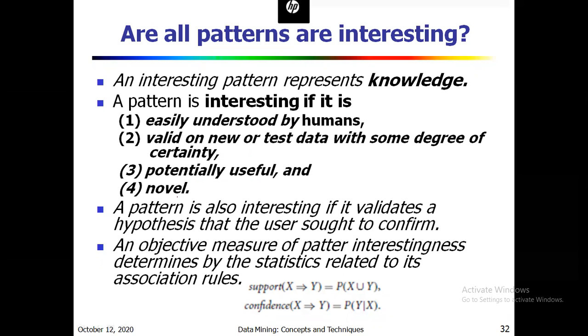Actually, the user makes a hypothesis, and in his hypothesis, he makes some assumptions. Those assumptions are not perfectly true, and due to these assumptions, there is uncertainty in confirming the pattern.